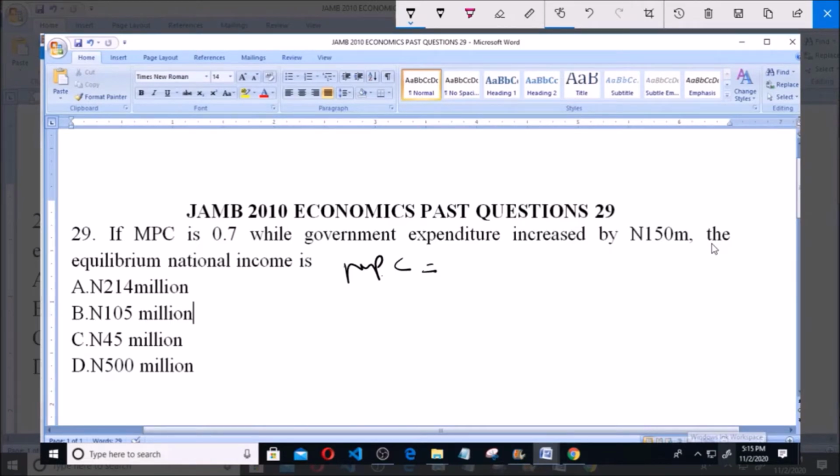It is the relationship between changes in consumption over changes in income.